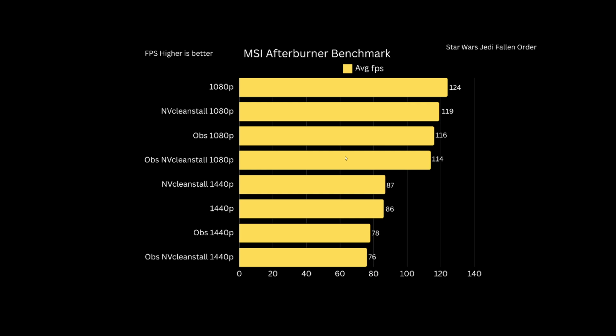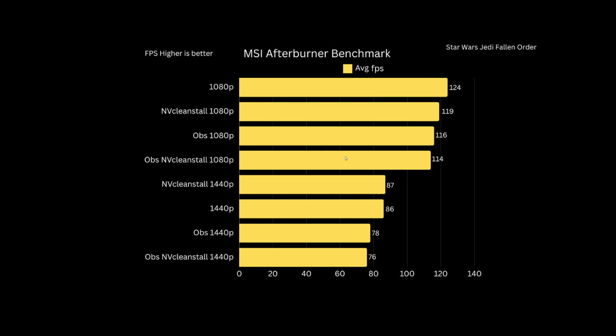The OBS at 1080p got 116, and the OBS after the app installed at 1080p got 114. So basically lost out with 2 frames per second, and 5 frames between the after the app 1080p and using OBS after the app at 1080p.